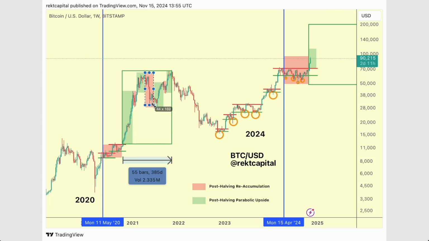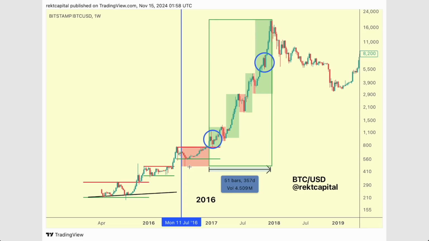But this was the second price discovery correction in this overall parabolic phase of the cycle in 2021. So after this price discovery correction, we saw another third and final price discovery uptrend with a little bit of dipping in the meantime. So in fact, you could say that maybe we had 4 price discovery uptrends and 3 price discovery corrections within this parabolic phase of the cycle over a period of just over a year, 385 days.